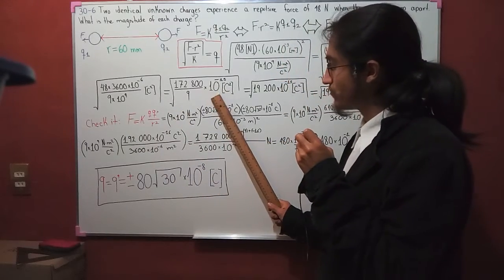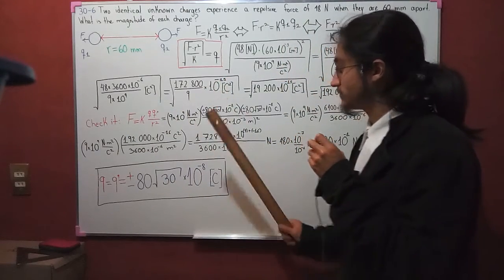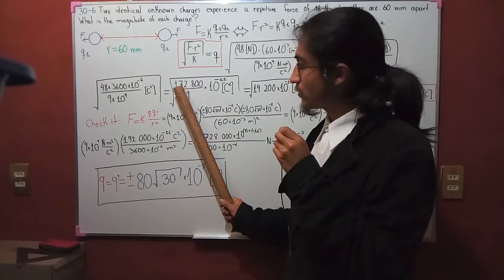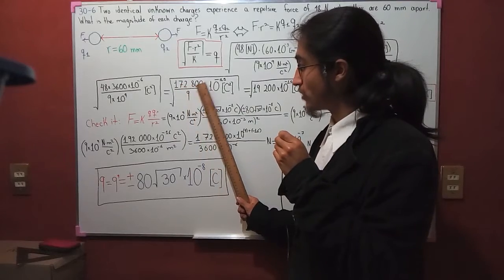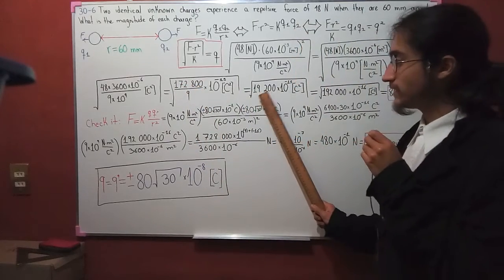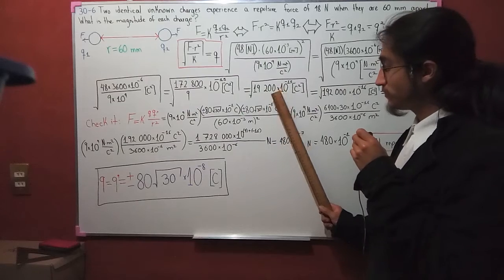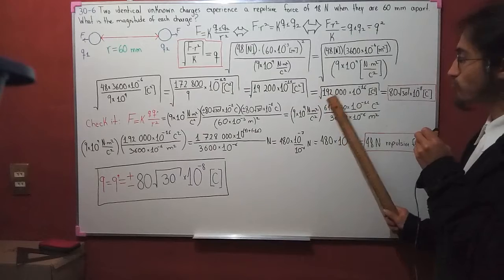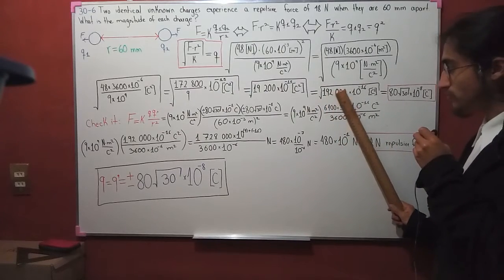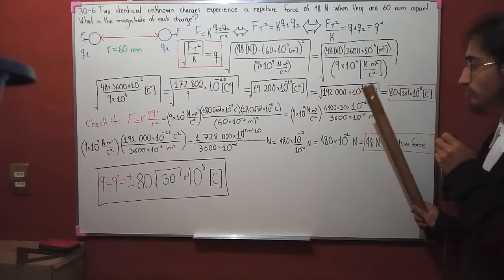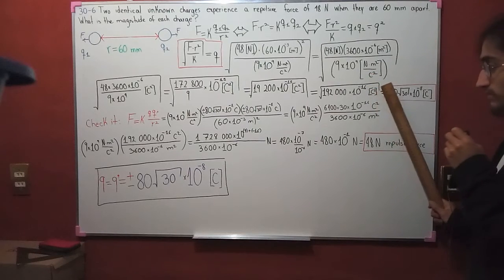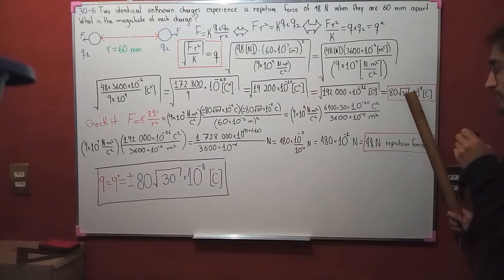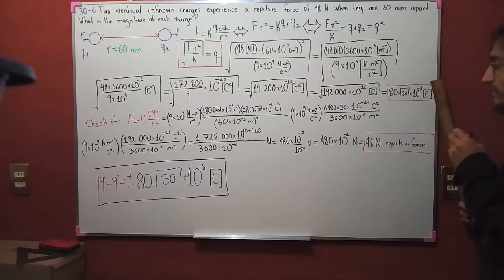So 10 raised to the power of negative 15 Coulomb squared, equal to the square root of 172,800 divided by 9, equal to 19,200 multiplying 10 raised to the power of negative 15 Coulomb squared, equal to the square root of 192,000 multiplying 10 raised to the power of negative 16 Coulomb squared, equal to 80 times the square root of 30 multiplying 10 raised to the power of negative 8 Coulomb.